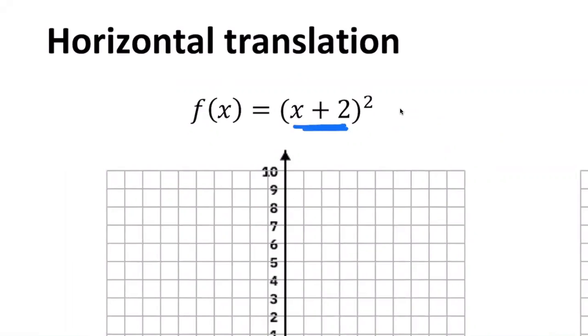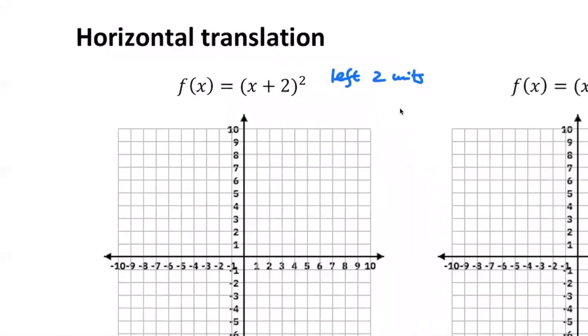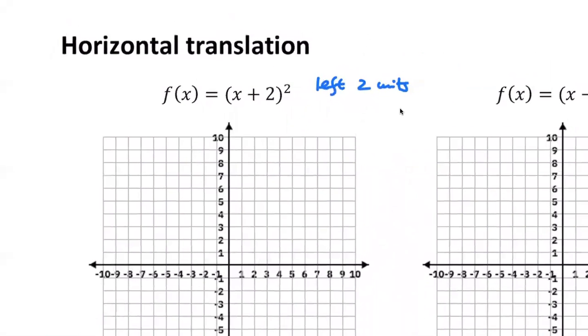So when we say, hey, there's an x plus 2 inside the parentheses, then you know it is moving to the left 2 units. Okay, so the whole parabola goes to the left 2 units. So that means the vertex is going to move to the left 2 units.